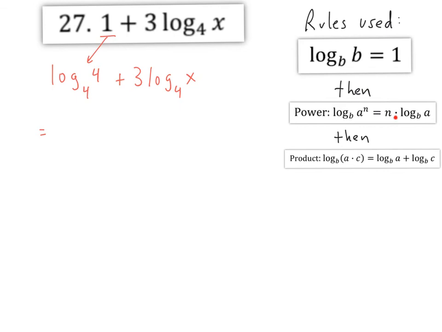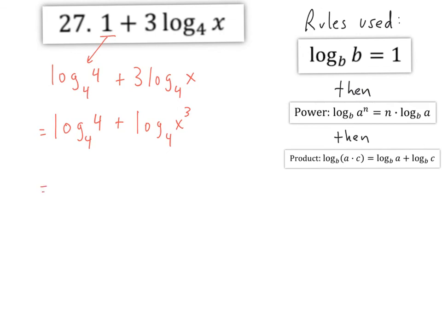So if you have n multiplied by a log, then you can bring this n inside and make it the exponent of the argument. So this first thing will stay the same, log base 4 of 4. And then this 3 we'll bring inside and make it the exponent of x. This just becomes log base 4 of x cubed.